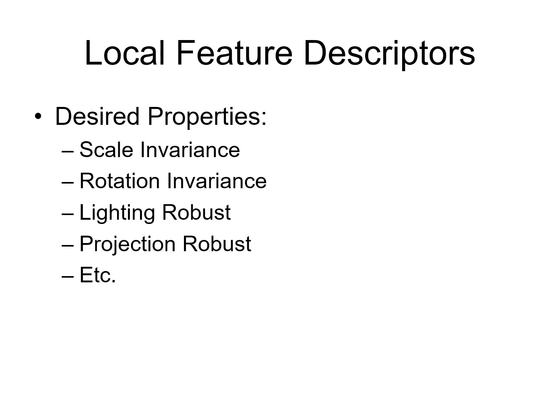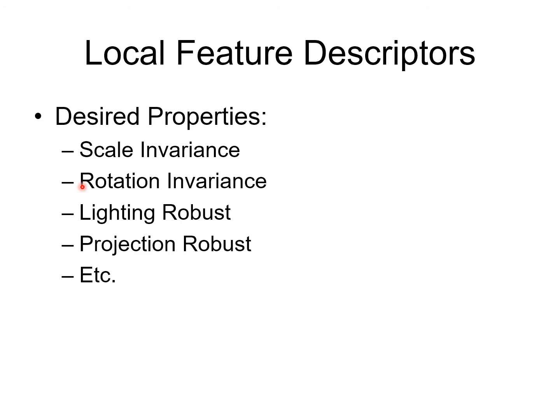So what do we desire? At the beginning, we mentioned quite a few challenges about a feature, about an image, that make the classification difficult. In that list, the local feature can handle a few of them. For example, if your feature is scale invariant, then you can handle scale changes.